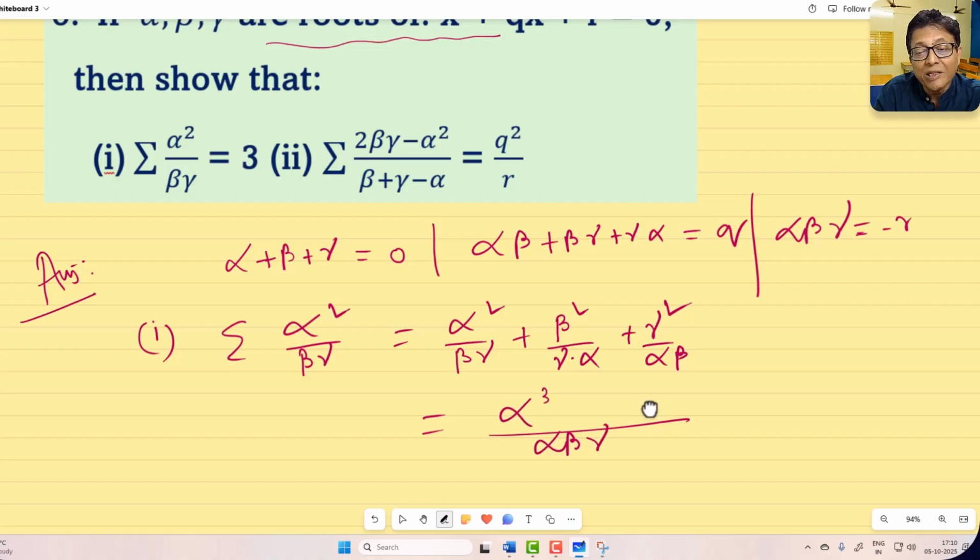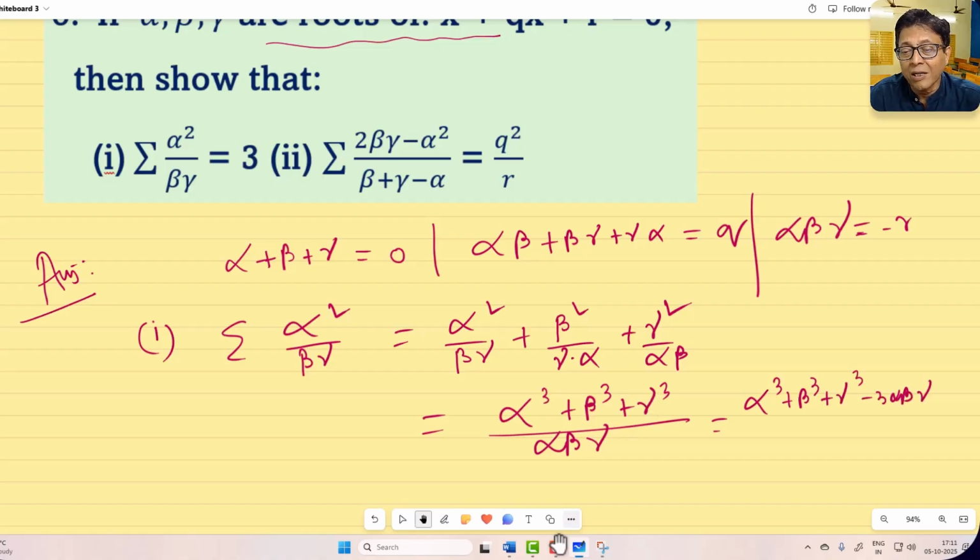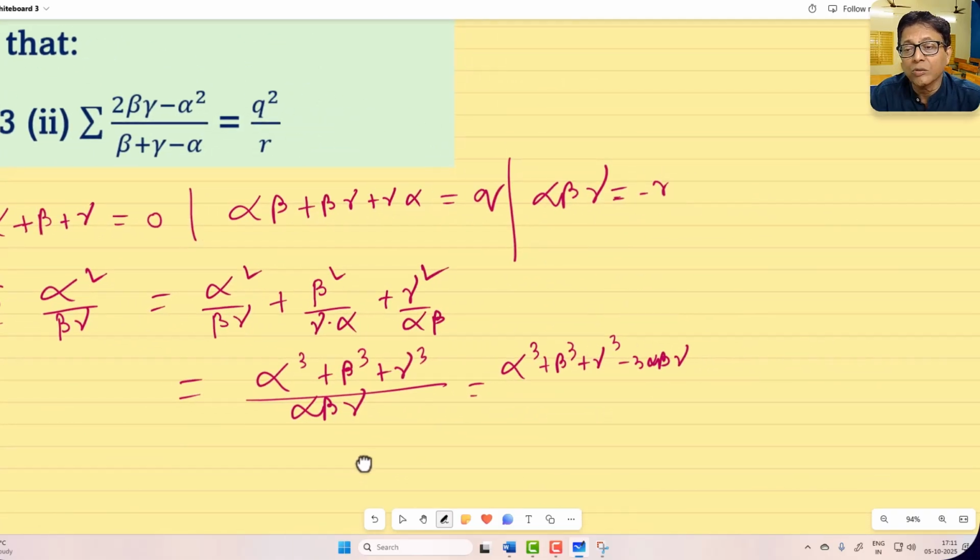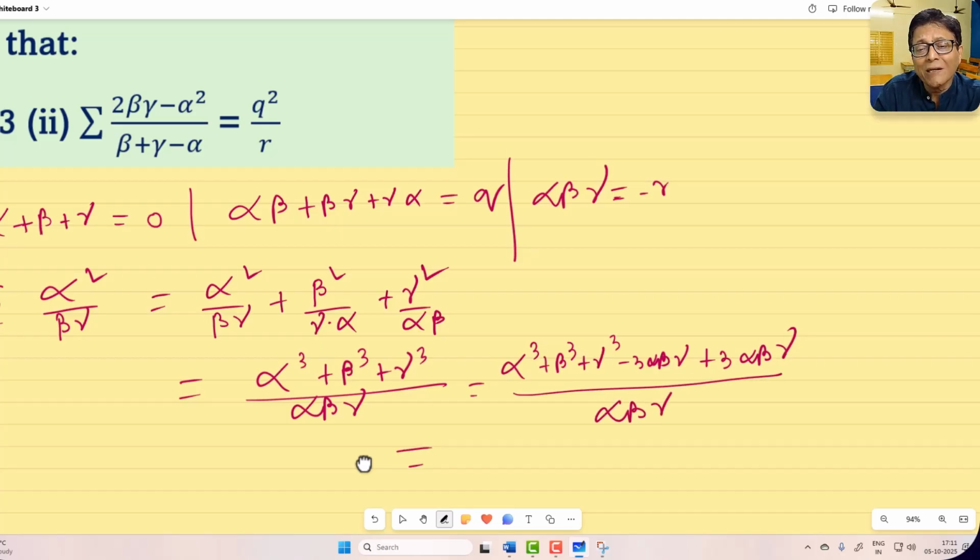Now take the LCM. And this is going to be alpha cube, beta cube, gamma cube. You write this as alpha cube, beta cube, gamma cube minus 3 alpha beta gamma and add also, this divided by alpha beta gamma. Why have I done so? Because you know factorization of this thing.